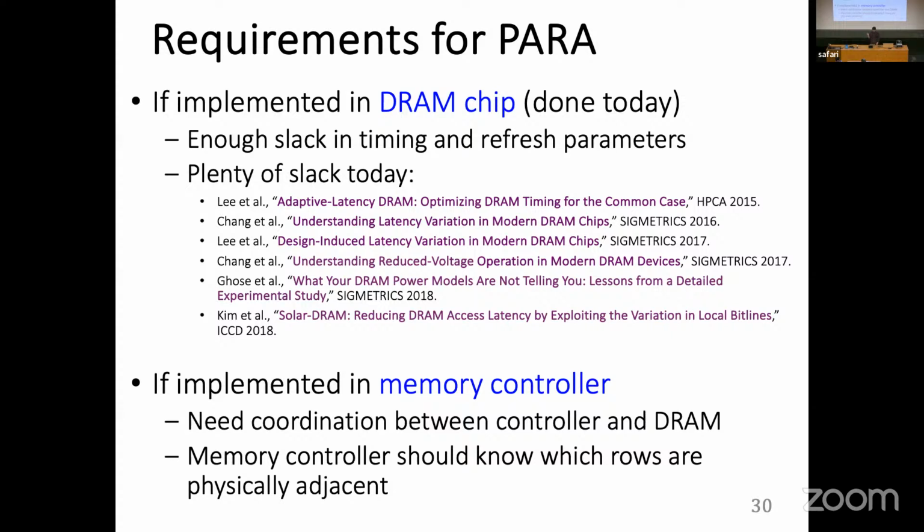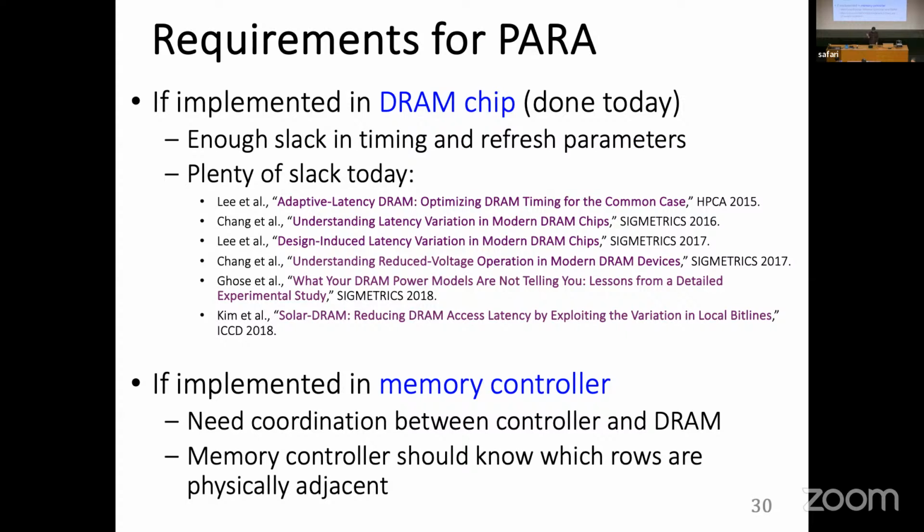This requires you to have enough slack or headroom in your timings so that you can sneak in those extra victim row refreshes when you close a row, let's say. But as we have seen before, there is plenty of headroom in the timing parameters, both governed by JEDEC and published by the manufacturer. So that's how some of them do it.